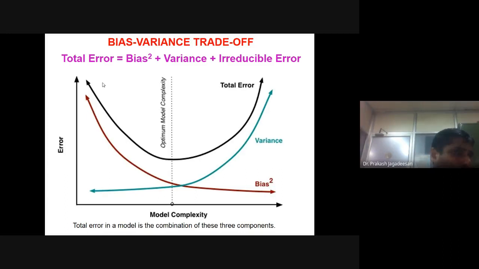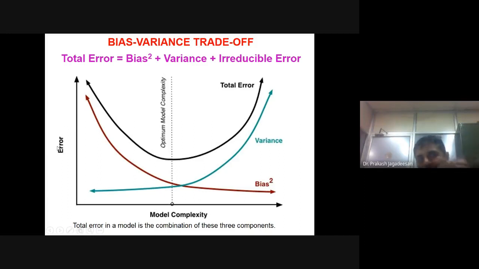If you're trying to build a model, whether you use neural networks or deep neural networks, everyone should understand this bias variance trade-off. So in this slide, what I've explained is the concept of bias variance trade-off, where, if you see this figure, the x label is model complexity, and the y label is basically the error.